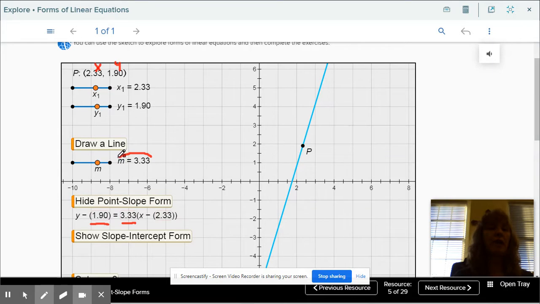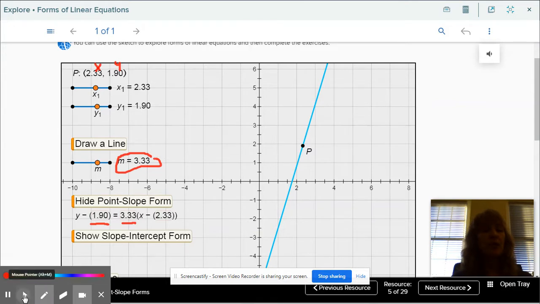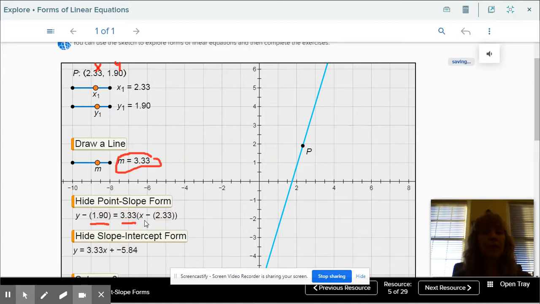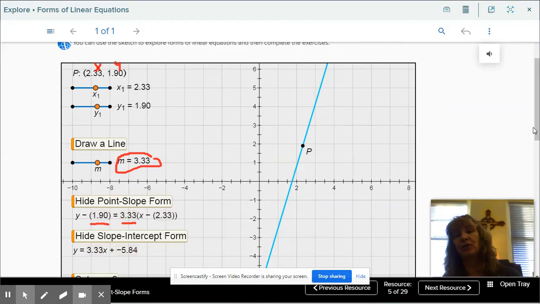The equation is y minus y1 equals m parentheses x minus x1. So the first thing you definitely have to do is distribute. We distributed 3.33 times x, and 3.33 times 2.33. And then, of course, we had to move our 1.90 to the other side, so we had to add 1.90 to the other side.